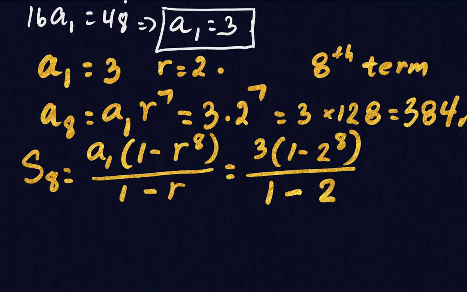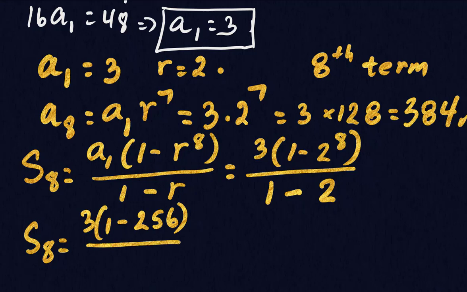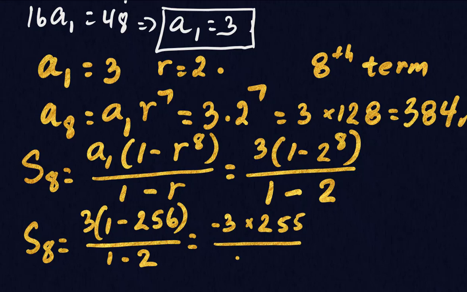So that means S8 is equal to 3 times (1 minus 256) over (1 minus 2). So we do the calculation. It is equal to 3 times minus 255, over minus 1. That makes it 765, and that is the answer.